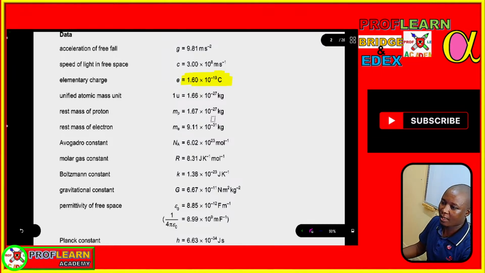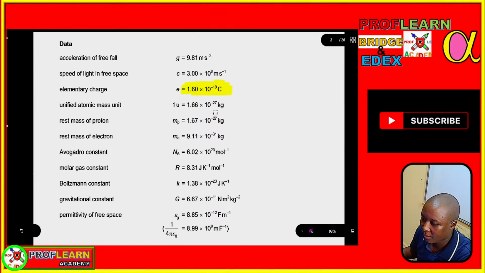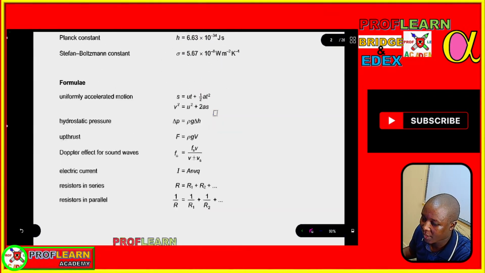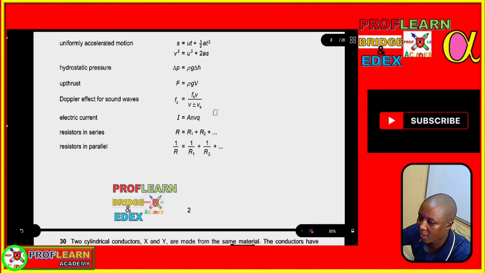So for electricity, you'll use this formula here, that's constant, and also the formula for combined resistance. For parallel, we shall be using this one.